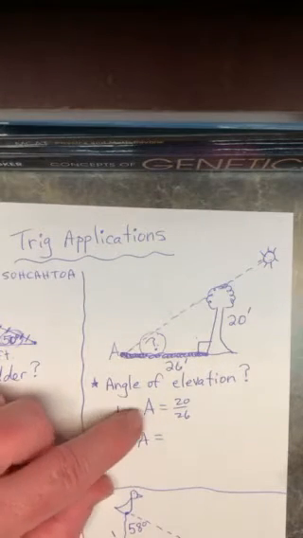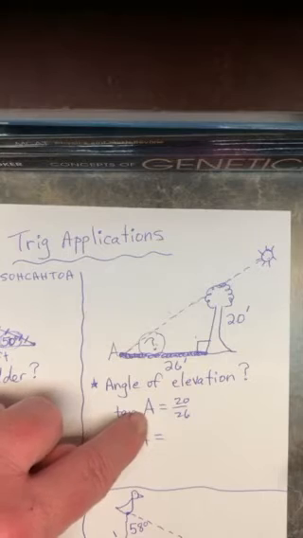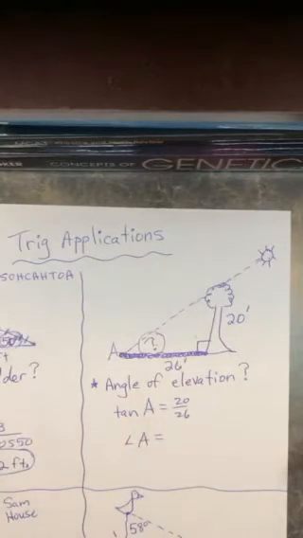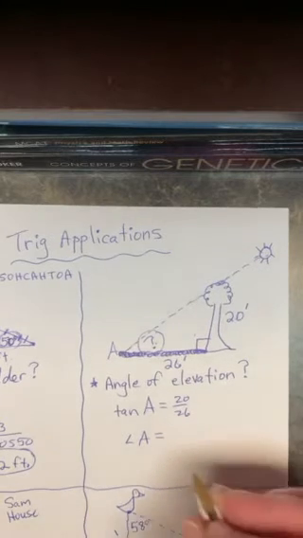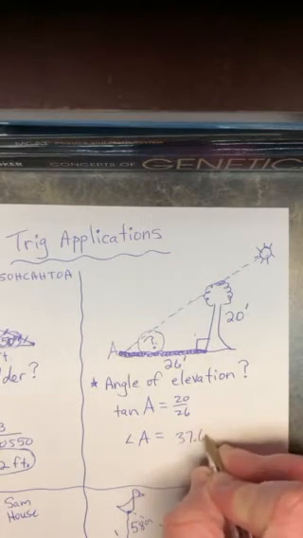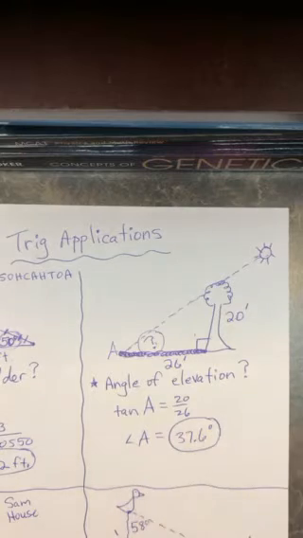What are you pushing since we're looking for a missing angle? You're pushing what? Second tan, right? Inverse tan. So on your calculator, hit second tan, 20 divided by 26, and you should get, to the nearest tenth, 37.6 degrees for my angle of elevation.